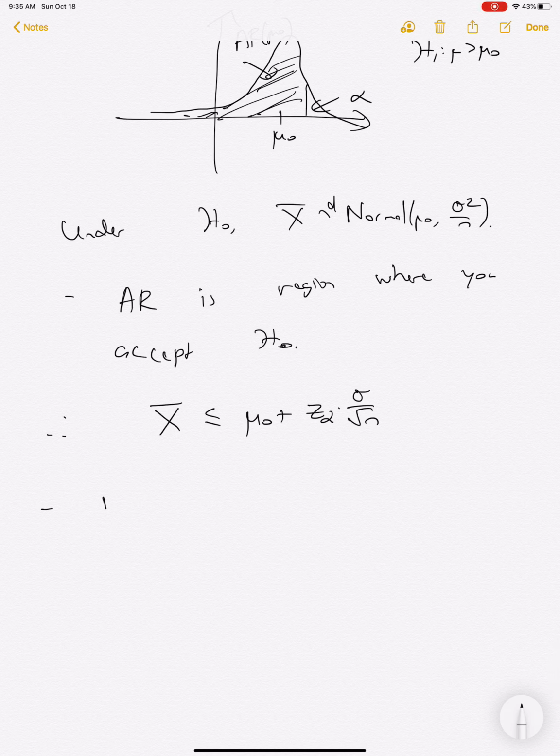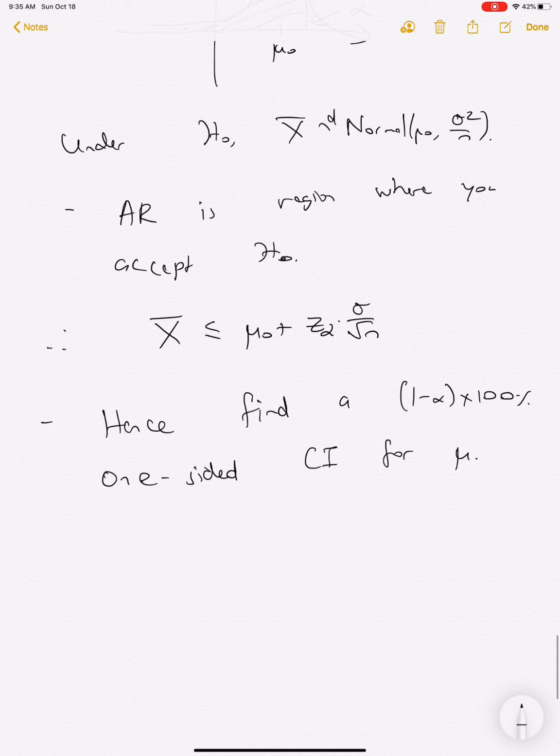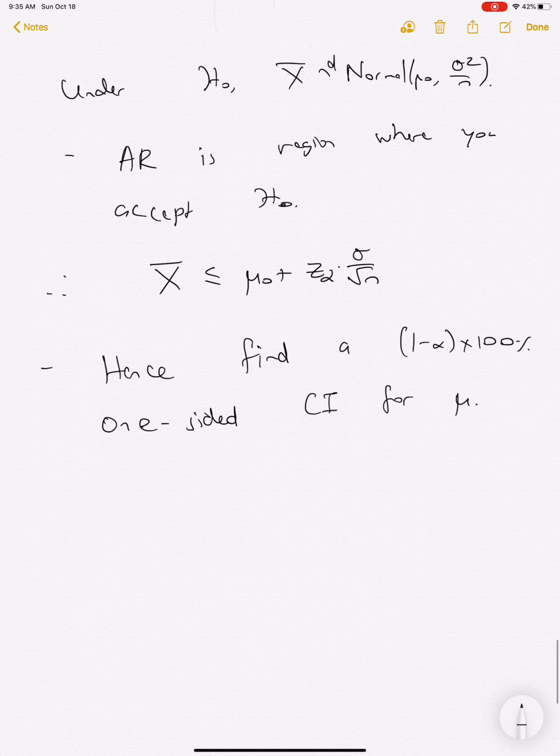And then we want to hence find a 1 minus alpha times 100% one-sided confidence interval for mu. You can rearrange this: we have x bar less than or equal to mu 0 plus z alpha times sigma over square root of n.